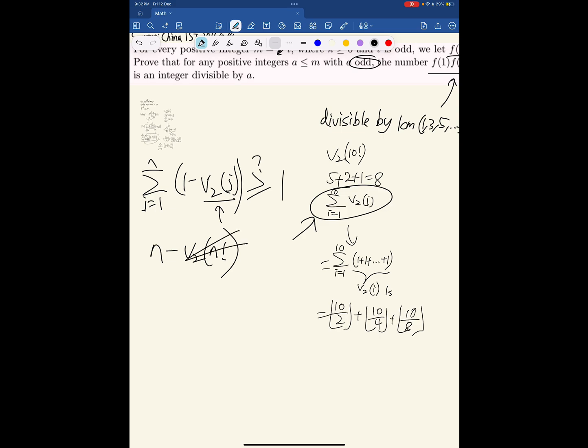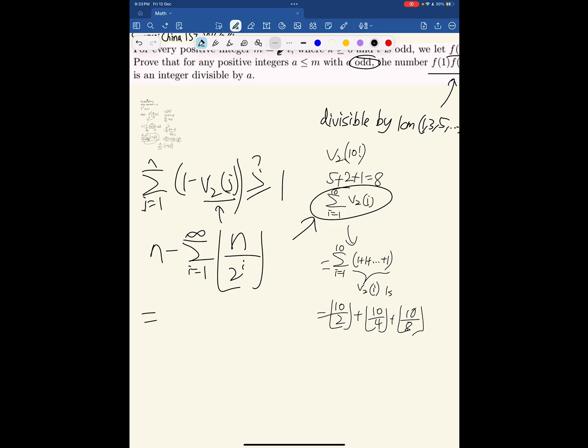Well, honestly, we don't like that. We want instead the sum of I equals 1 to, as far as we're concerned, infinity, of floor of n over 2 to the I. Why is this at least 1?